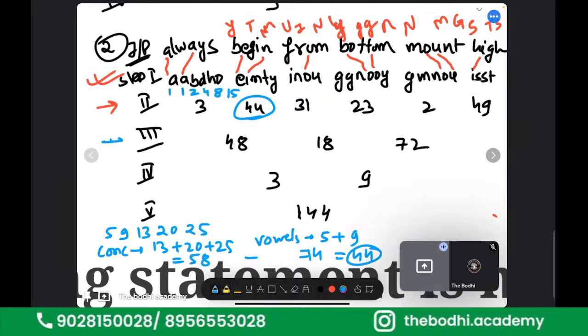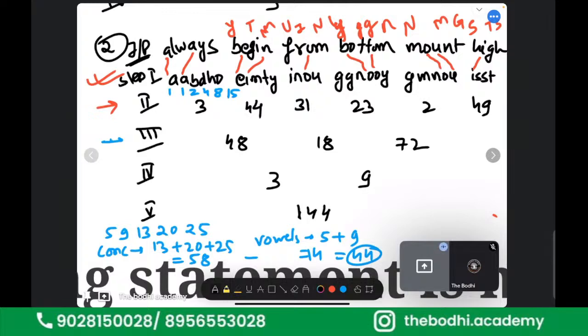So see, how to get 3? What can we do on 3 and 44 so that we can get 48? Any idea?